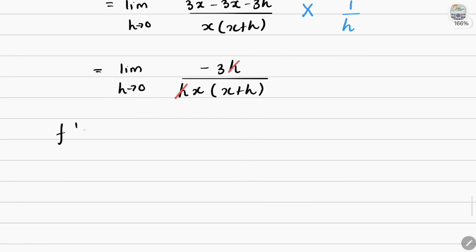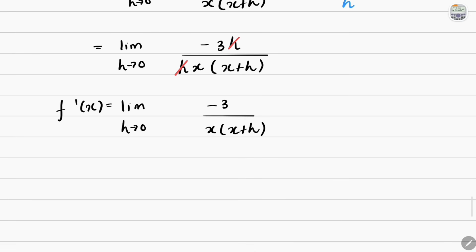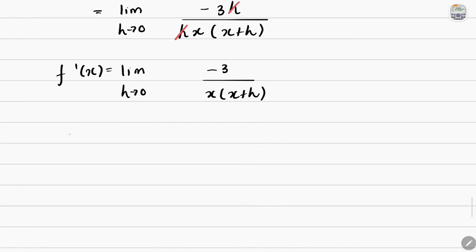And f prime of x currently is the limit as h approaches 0. And all we're left with is negative 3 over x multiplied by x plus h. And now it's safe to substitute 0 in place of h because it will not cause our expression to become undefined. Okay, so we'll just say f prime of x, and let's get substituting at this point.